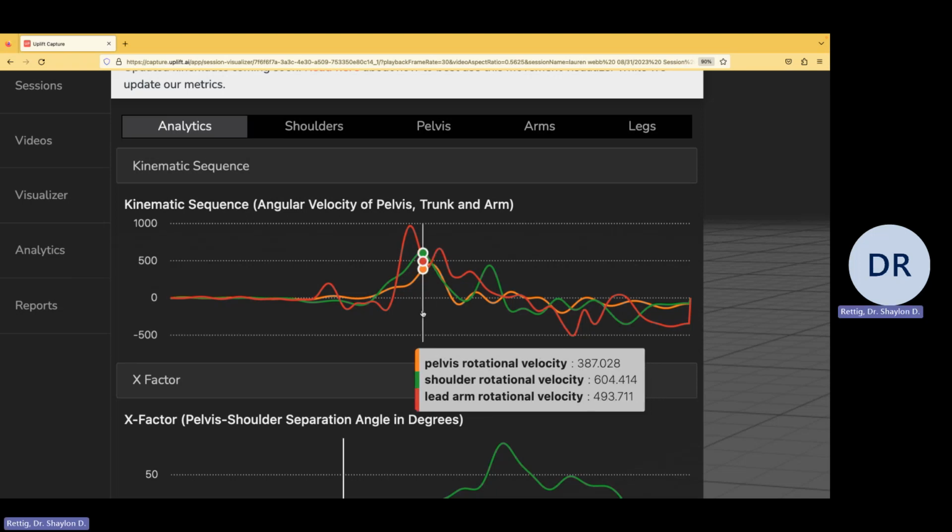Then the shoulder or the trunk, and then the lead arm. So your sequencing is technically backwards, all right? That means pretty much you're arm dominant. And so what we'll have to do is work on really your hips. And so again, we found some limitation in your pelvic motion.